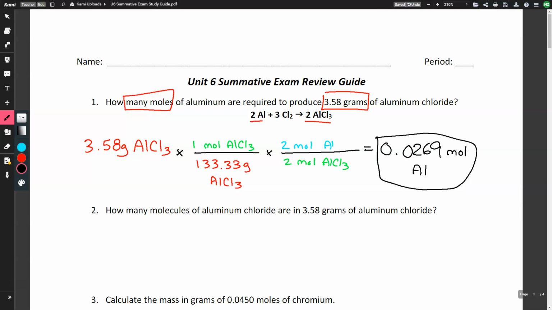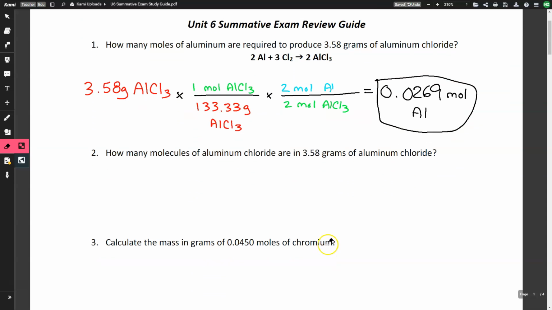All right, second one says, how many molecules of aluminum chloride are in 3.58 grams of aluminum chloride? Okay, so we're given grams, and it's asking for molecules. Notice here, we are in aluminum chloride the whole time. So we don't need to use a mole ratio here to go from aluminum chloride to something else. So our given is 3.58 grams of aluminum chloride.